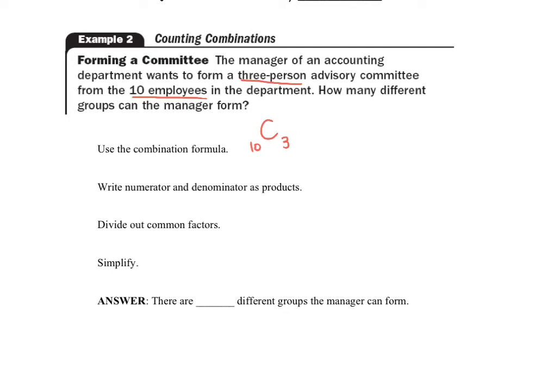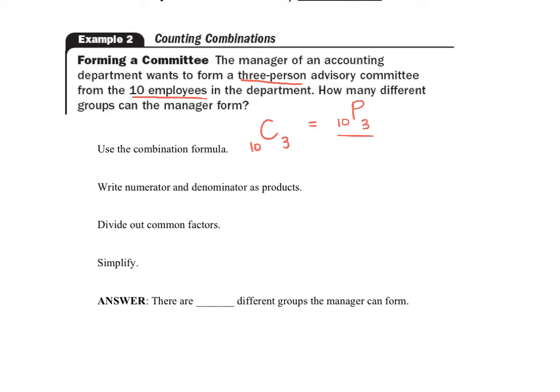So to solve this, we are going to find the permutation of 10 choose 3, but we then need to divide out the repeats because, for example, let's say my committee is Susie, Jack, and Ashley. Well, if I put Jack, Ashley, Susie, that's still the same committee, so I only want to count that once.